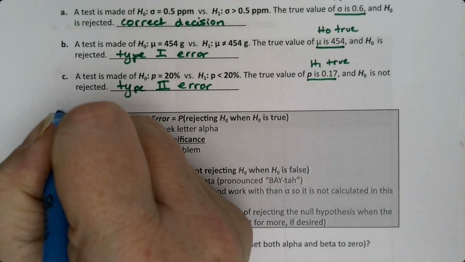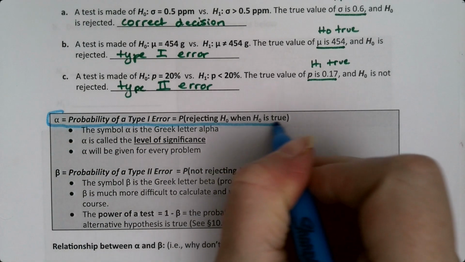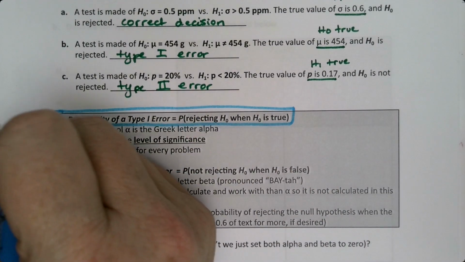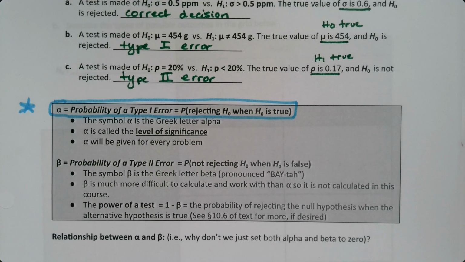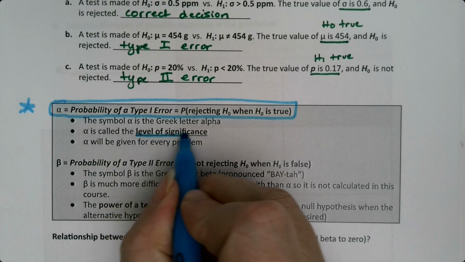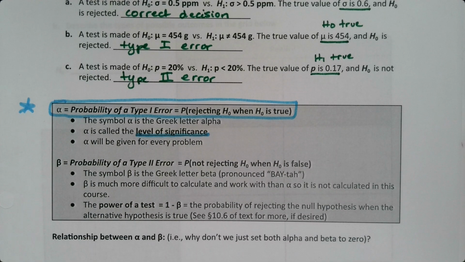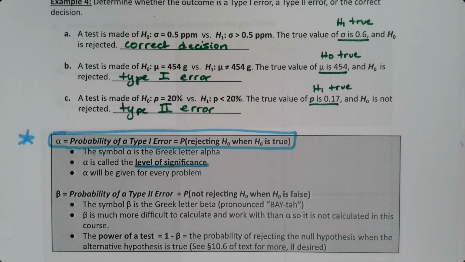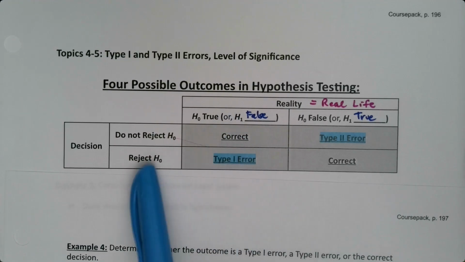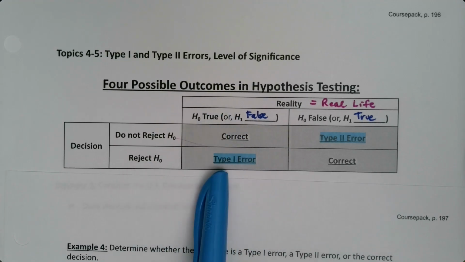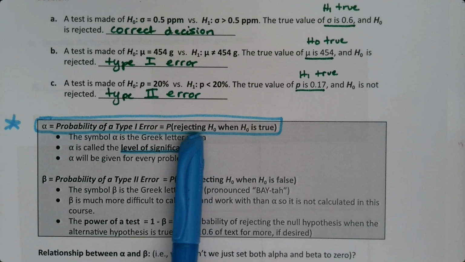This is a definition that is very important. It's a Greek letter, alpha. It's also called the level of significance. So alpha is the level of significance. It's the probability of a type 1 error. It's the probability of rejecting H0 even though it was true. That's what I wrote right here.